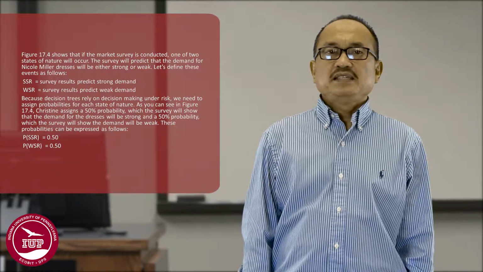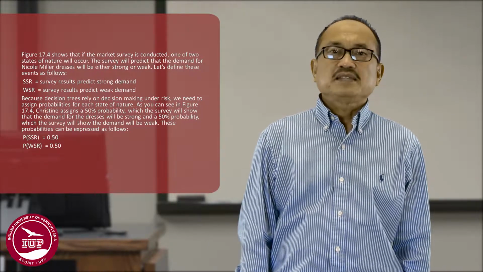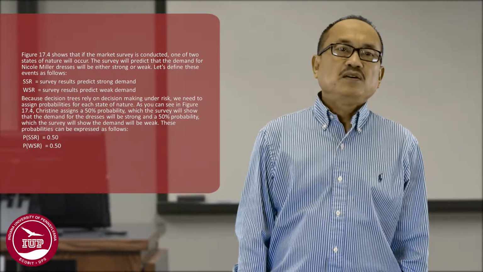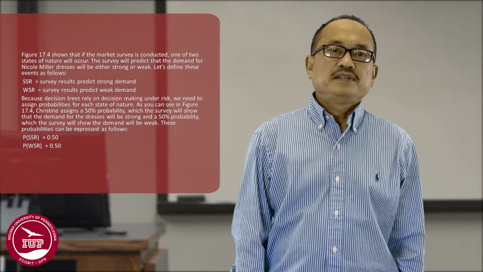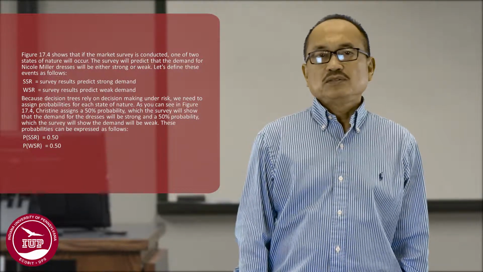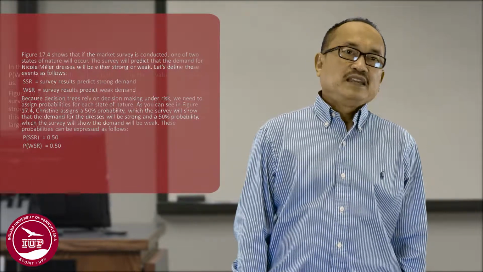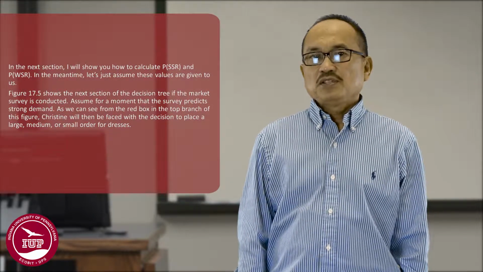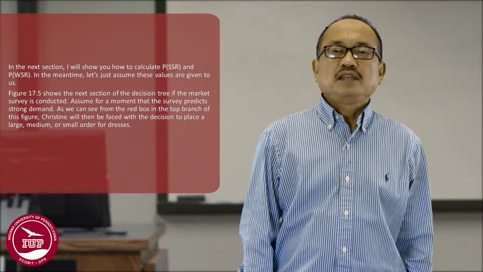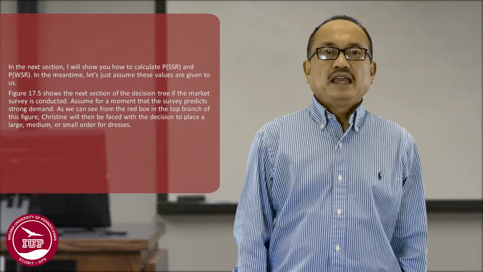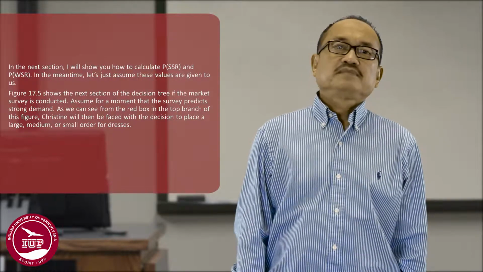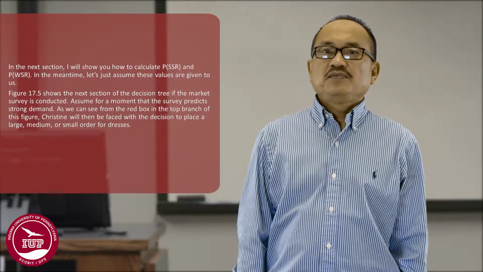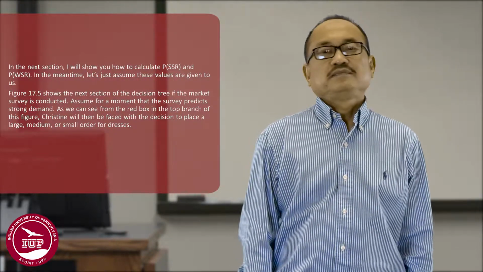These probabilities can be expressed as follows: P of SSR equals 50%, P of WSR equals 50%. In the next section, we will show you how to calculate P of SSR and P of WSR. In the meantime, let's just assume these values are given to us.